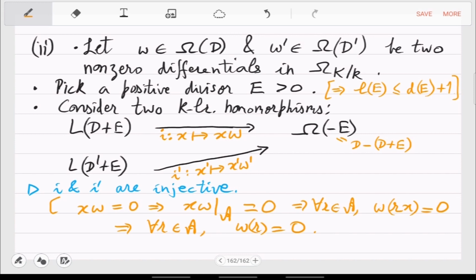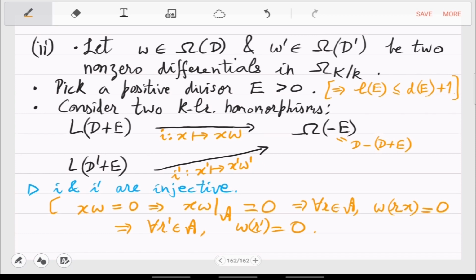When you want to show that omega R prime is 0, you just use here R to be R prime over X. R prime over X is also an adele. So from the first property, you get the second property.